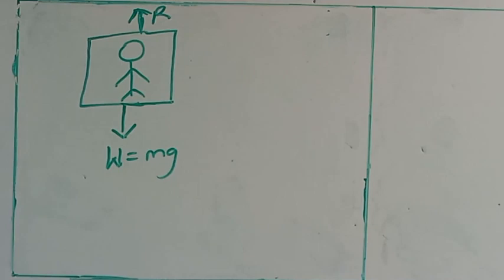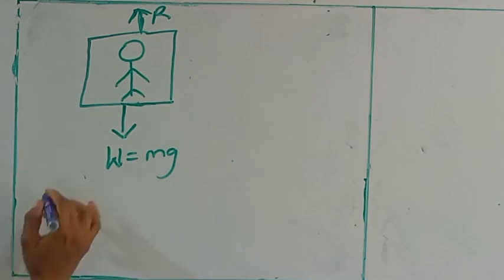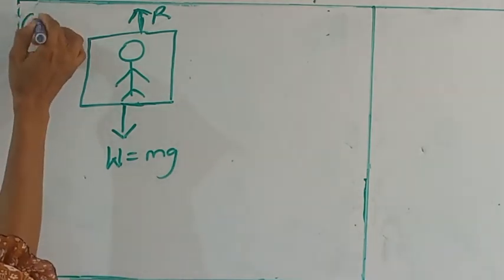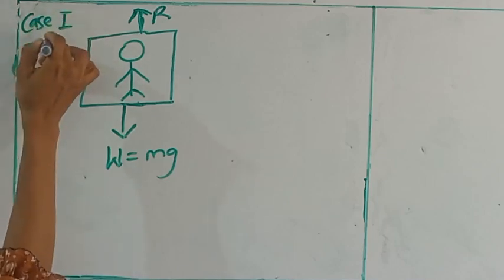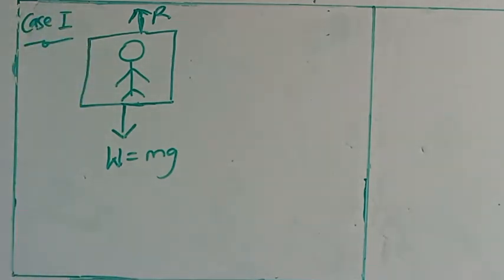Now we are going to have case 1, case 2, and case 3. 3 major cases for a man standing in a lift or elevator. Case 1 is when the lift is stationary or moving with a constant velocity.